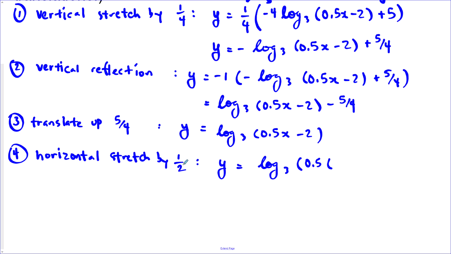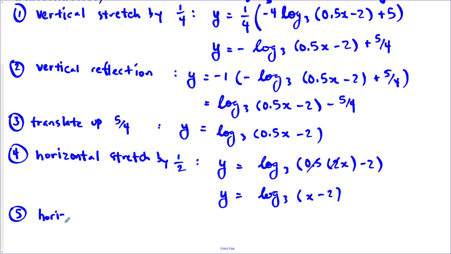So a horizontal stretch by 1/2 would give us 2x inside this function. And that would cancel. So we'd just be left with y equals log base 3 of x minus 2. And the last step, horizontal shift or translation, 2 units left.